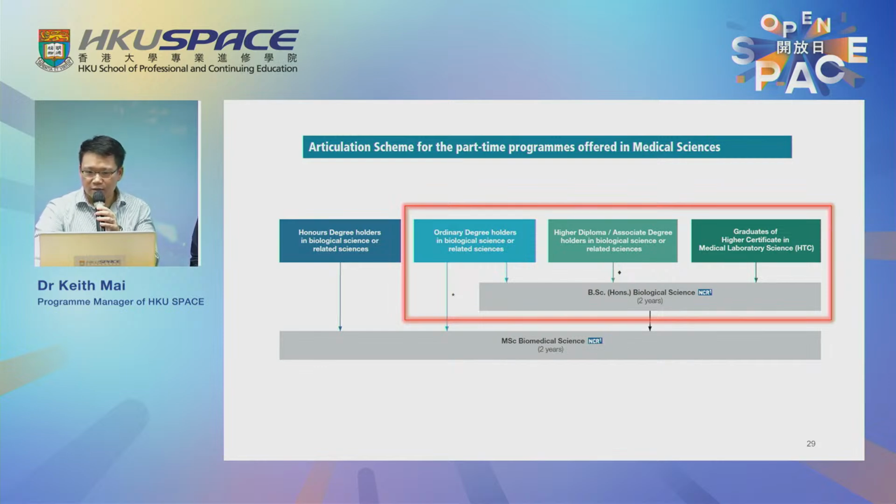After completing the BSc in biological science program, they may articulate to other programs such as the MSc in biomedical science, which my colleague Dr. Tien will talk about later.